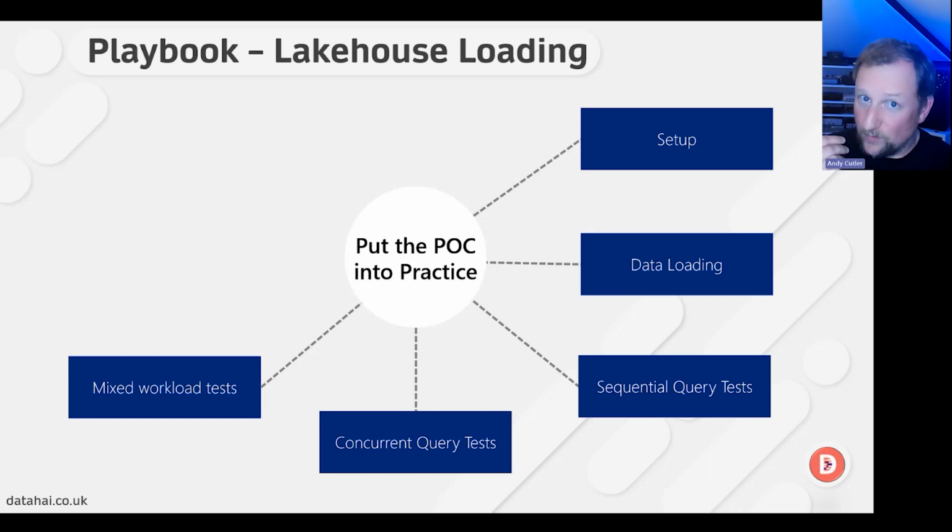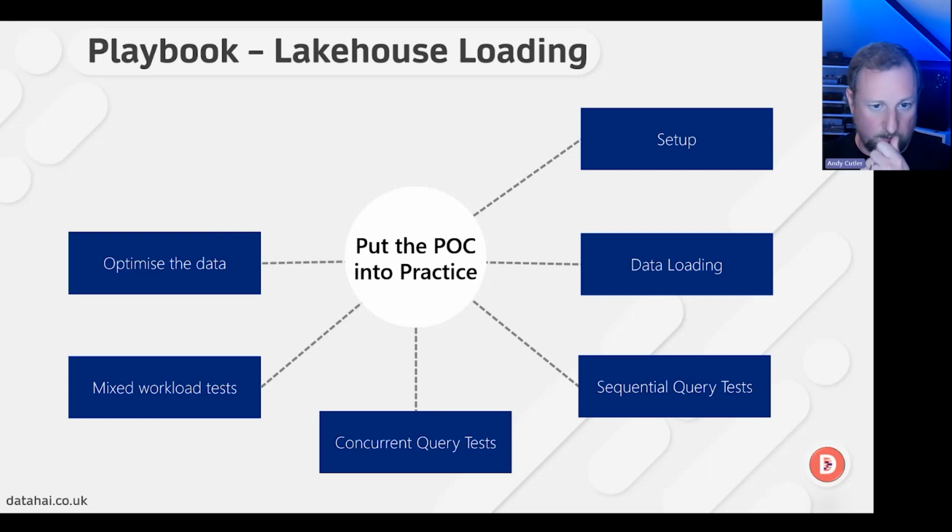We can load data and modify data at the same time we're reading data. Fabric also has a compute boundary in terms of operations, so Microsoft actually separate ETL operations from querying operations. But do your testing, load your data, query it at the same time. Do you get the results that you want based on your goals?